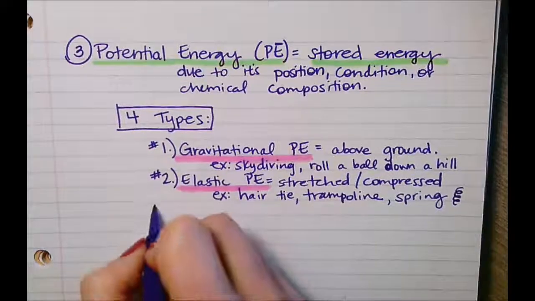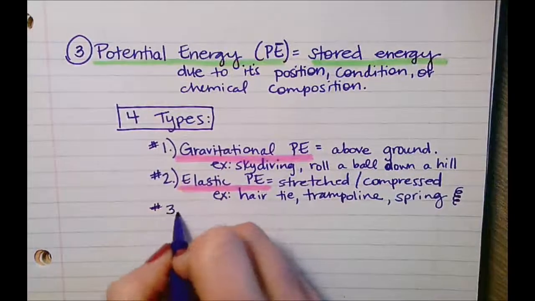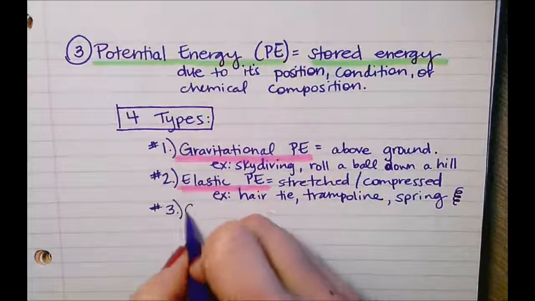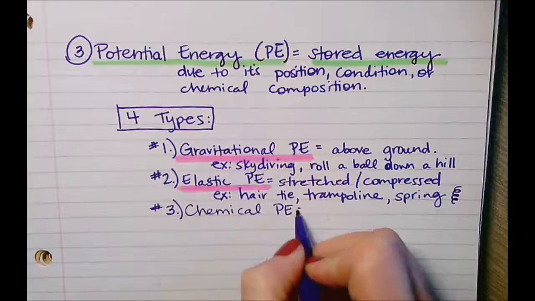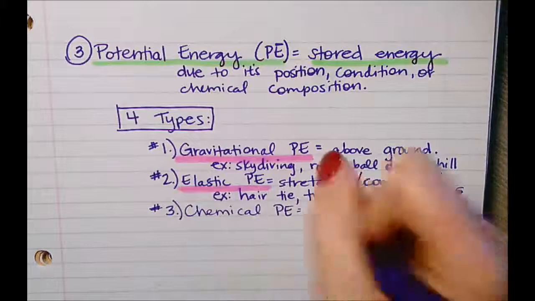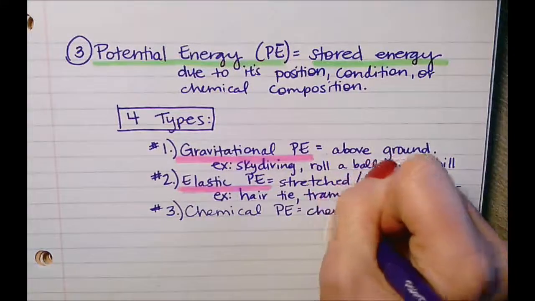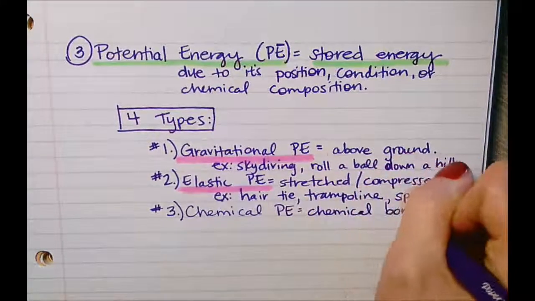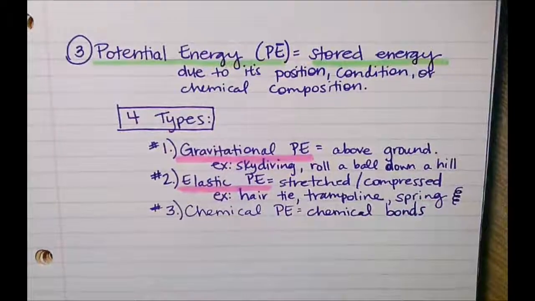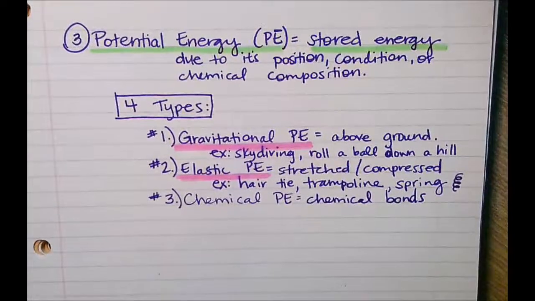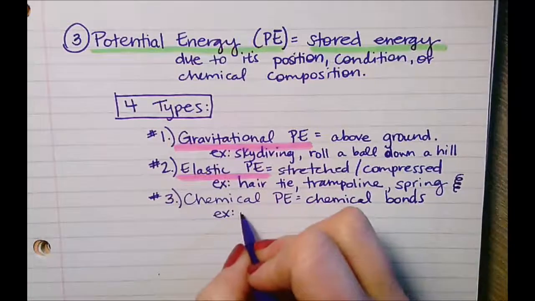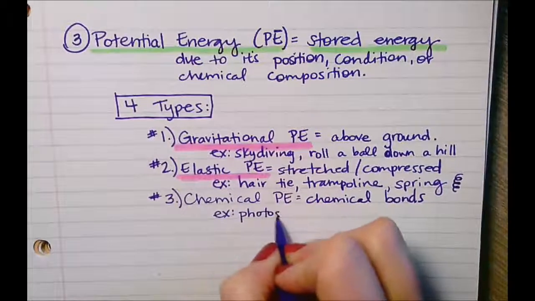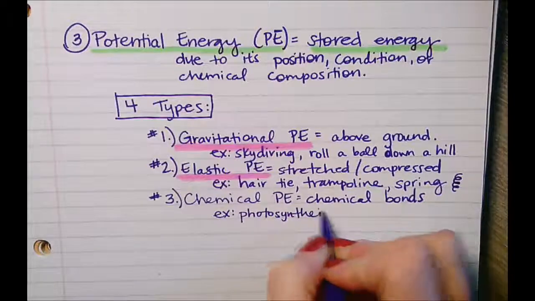Another one that is a main type is chemical potential energy. What that means is that it has to do with the chemical bonds. Those would be the bonds in food or different things like that. Some prime examples would be photosynthesis.